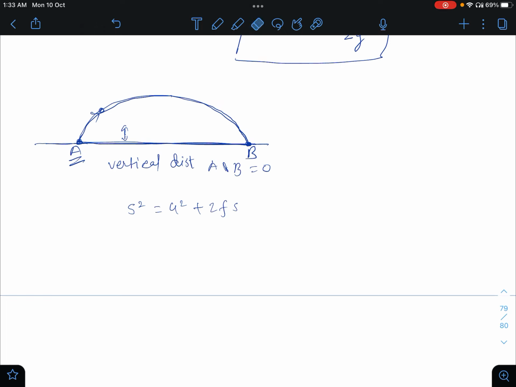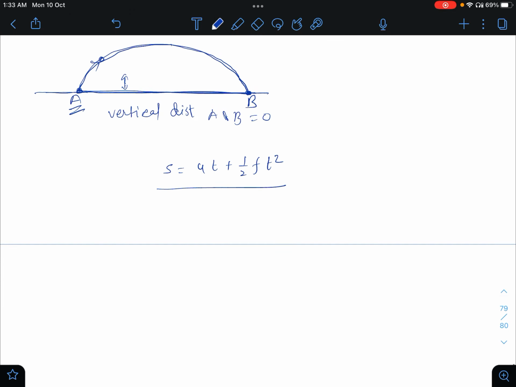Sorry, that we have already used. We will use the formula s is equal to ut plus 1 by 2 ft squared, as in the vertical direction only.